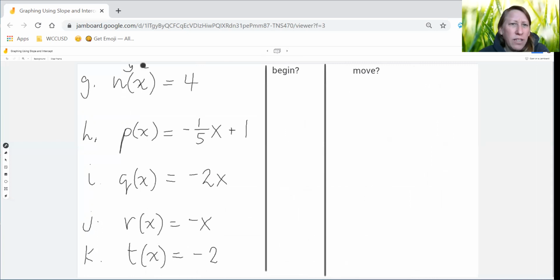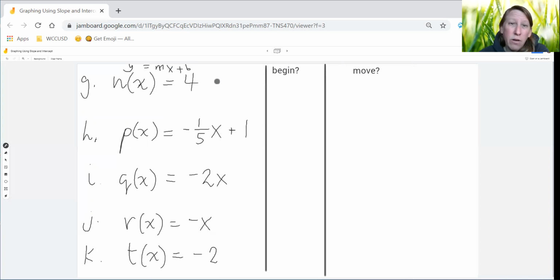Remember, this is y equals mx plus b. That's our form. That's our slope-intercept form. Okay. Is the b 4 or is the m 4? There's no x. So this is your b.